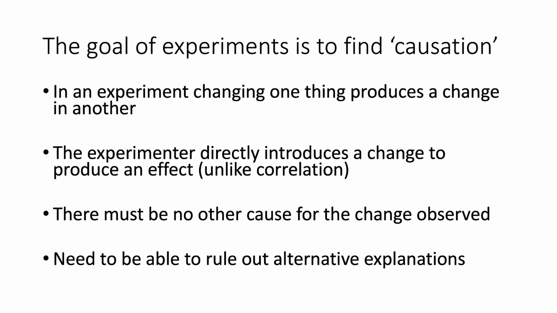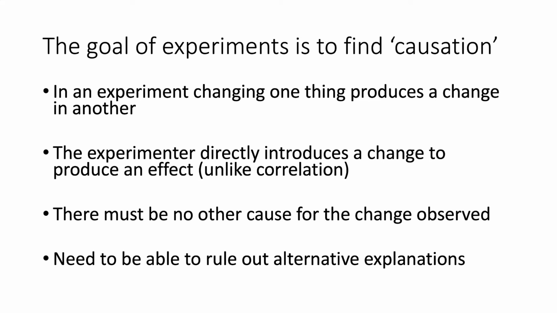So the experimenter directly introduces changes to produce a cause and effect relationship. So you can make something appear, you can make something disappear, you can make something appear again simply by altering variables in an experiment, and then that gives you an idea that you now have control over a particular variable.